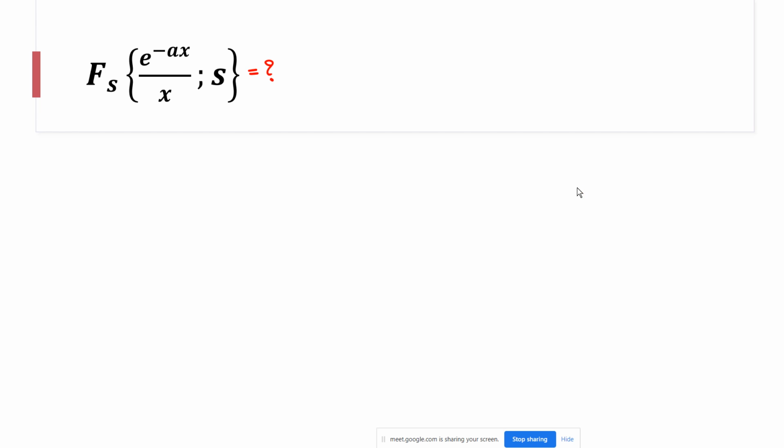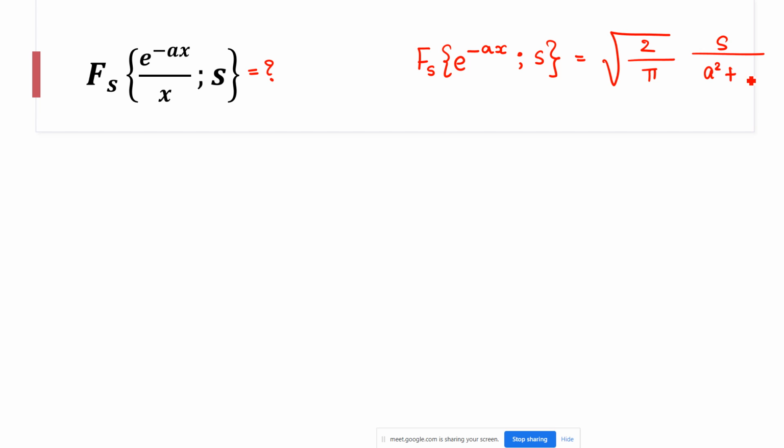But just now we have discussed the Fourier sine transform of e raised to minus ax. If it is converted to variable s, then it is root of 2 by pi, s upon a square plus s square, since the variable was k previously and now it is s.